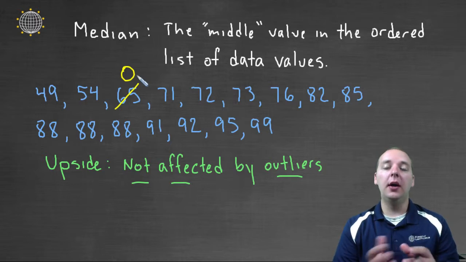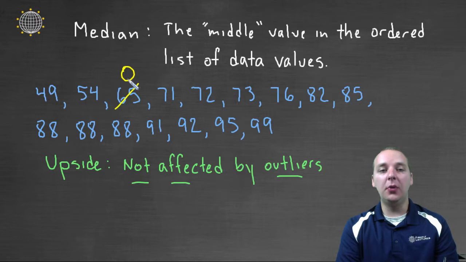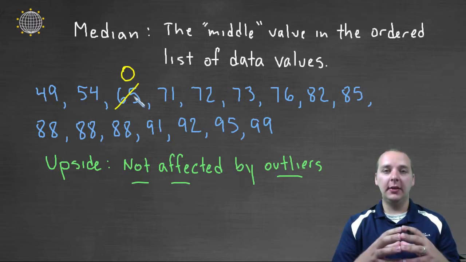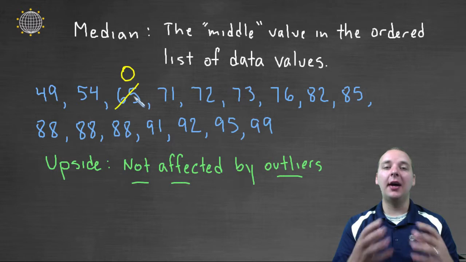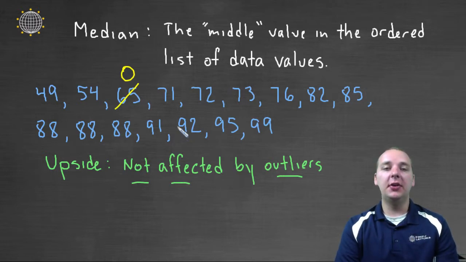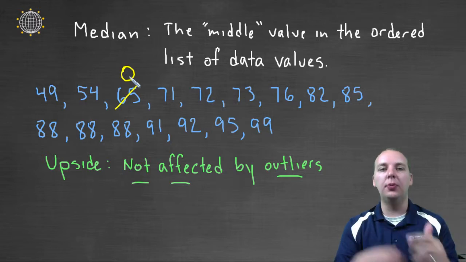Well, if we were doing one of the other measures of center, maybe like the mean, this 0 would affect your measure of center. But should this guy really affect dramatically the representation of the entire class? No, if you randomly selected a student, chances are they would still be in the 70 to 80 range, right? So we don't want outliers like 0 to drastically pull down the measure of center for the entire data set.